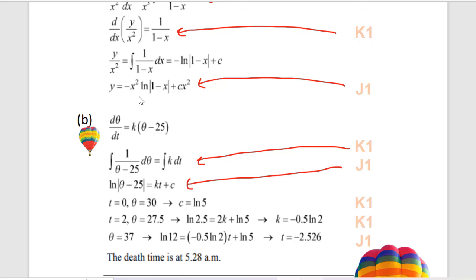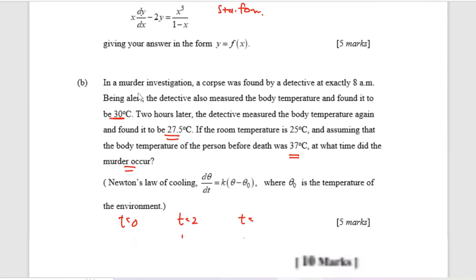Okay, so daripada sini kita ada constant yang kita kena cari, which is K dan C. Okay, so nak dapatkan K dan C ni kita akan gunakan timeline yang kita dah buat dekat sini.